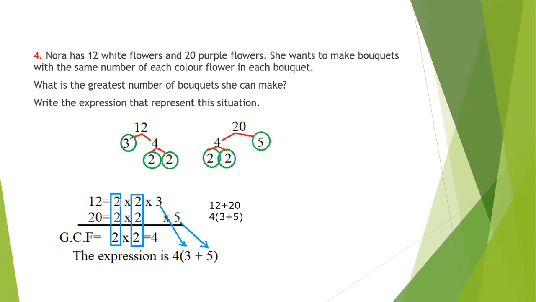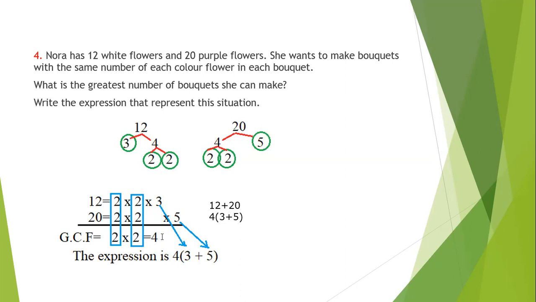Let's write the prime factors here. 12 equals 2 times 2 times 3. 20 equals 2 times 2 times 5. Okay, the GCF is 2 times 2, which equals 4. So the GCF is 4.